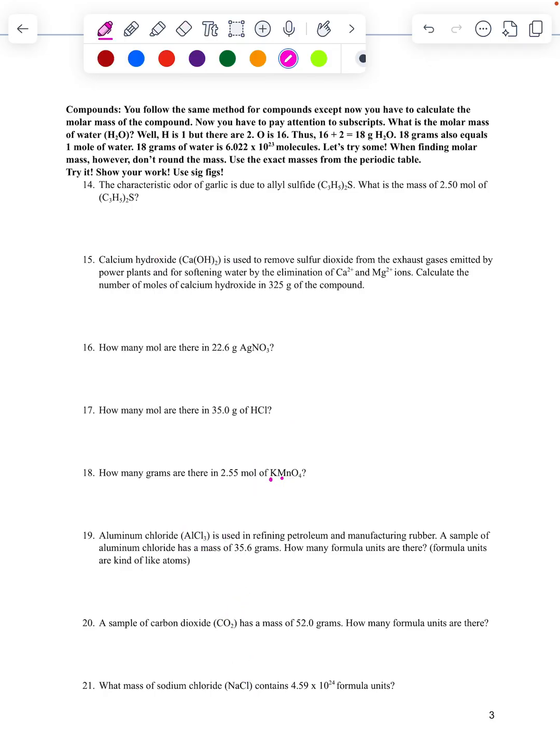But I always like to double check myself. So when I was preparing to do this video, I found the molar mass of this one, and then I went back and just did a rough version. What do I mean by that? I know carbon is roughly 12, and there are 6 of them, so that's 72. I know hydrogen is roughly 1, and there's 10, so that's 10. And I know sulfur is about 32.